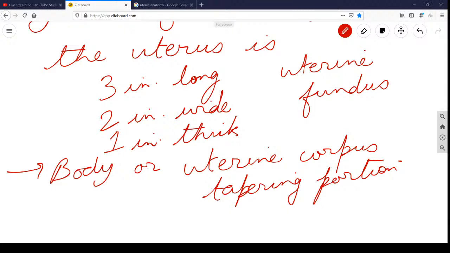Then this tapering central portion ends at an external constriction, which is known as the uterine isthmus.